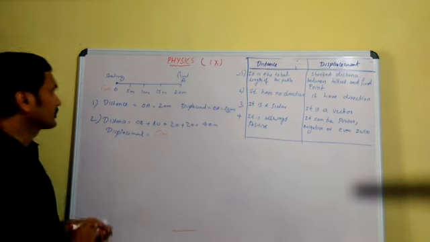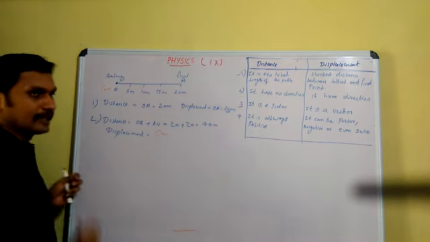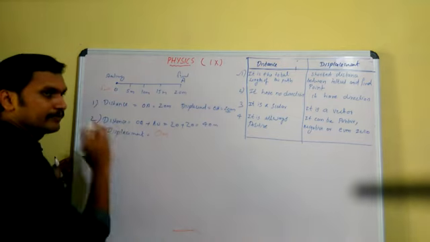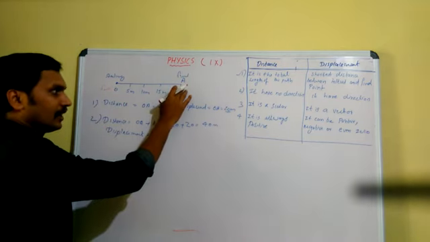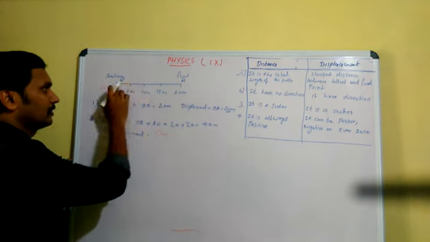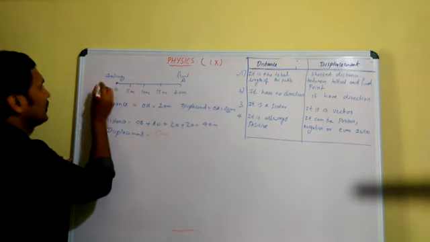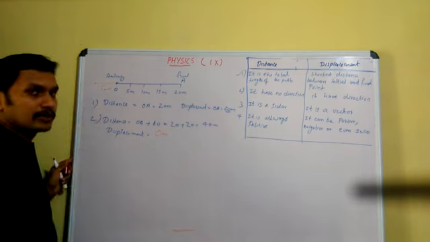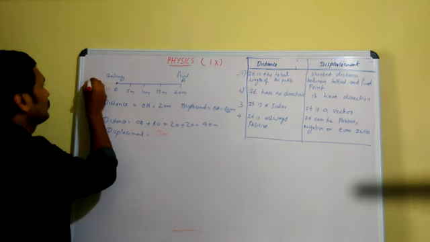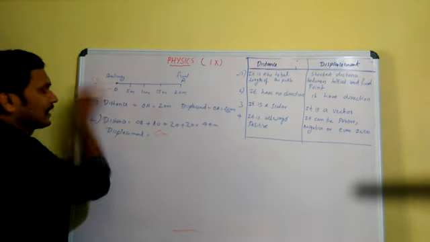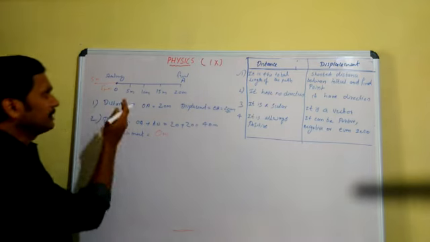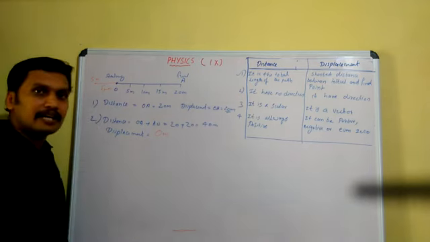Suppose in the second example the object travels towards A, reaches A and returns back to the point O. After that, the object moves towards the left of the origin. This is our starting point or origin. It covers 5 meter towards the left side of the starting point.